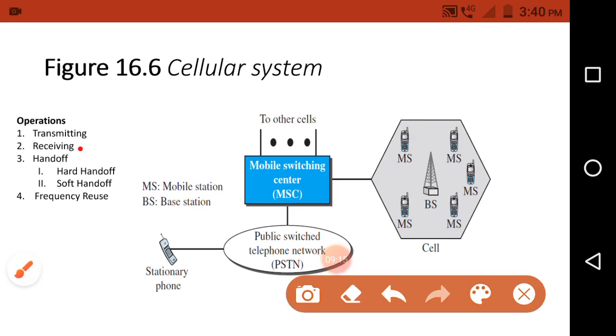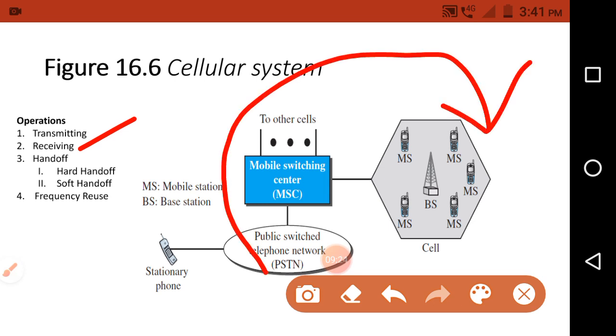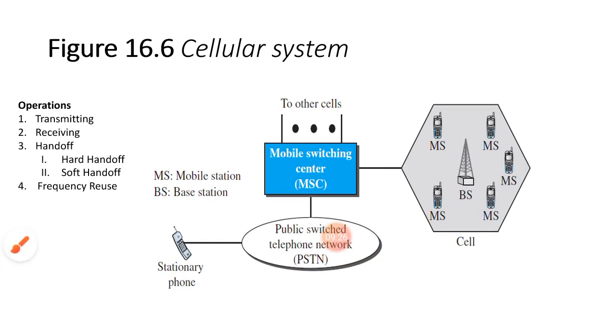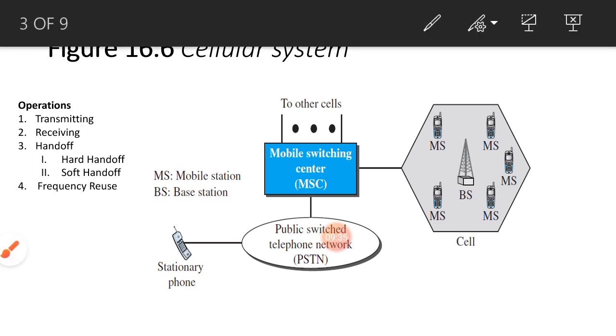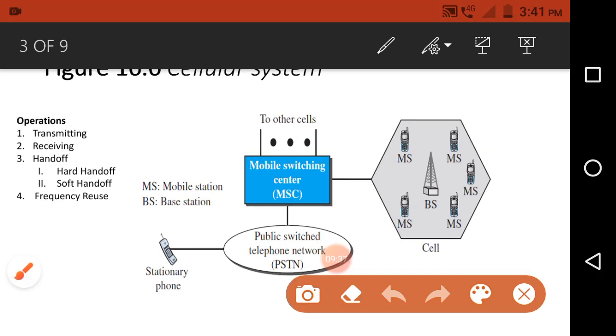And next we will discuss receiving. Receiving happens in the reverse direction. Whenever you call the mobile, the public switched telephone network sends that particular number to the mobile switching center.